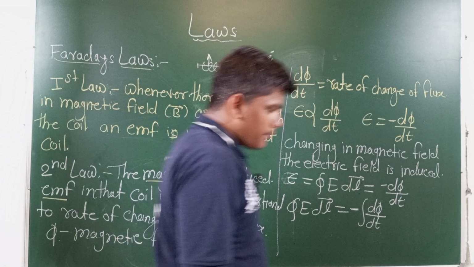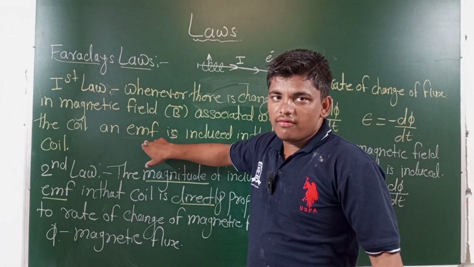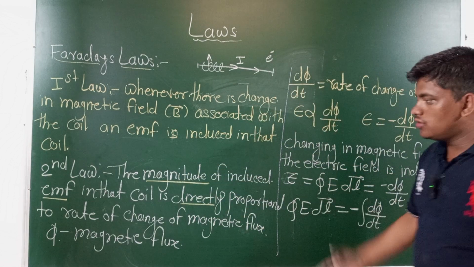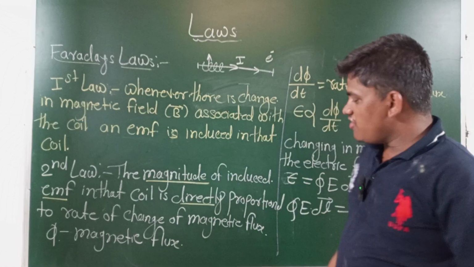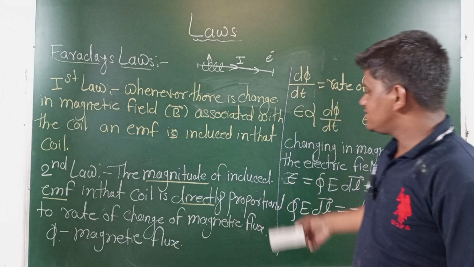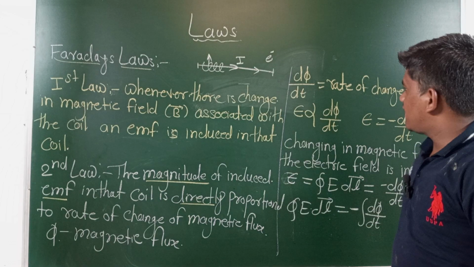When the induced EMF is produced, the magnitude of induced EMF is directly proportional to the rate of change of magnetic flux associated with that coil. This is Faraday's second law.